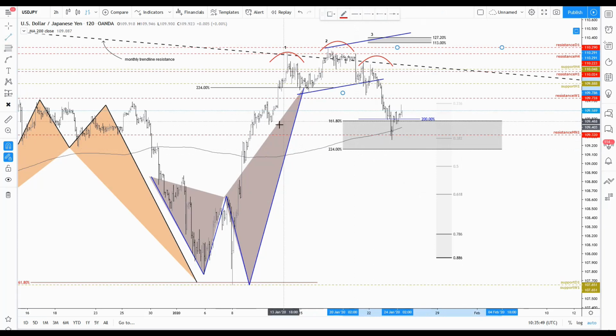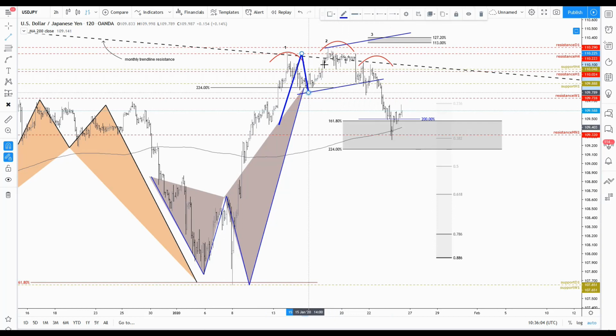So that being said, we have kind of not a bearish but a bullish shark pattern at 161.8 extension. So basically we have this first swing, a retest of the highs, a false breakout, 161.8 extension, 224% fib.